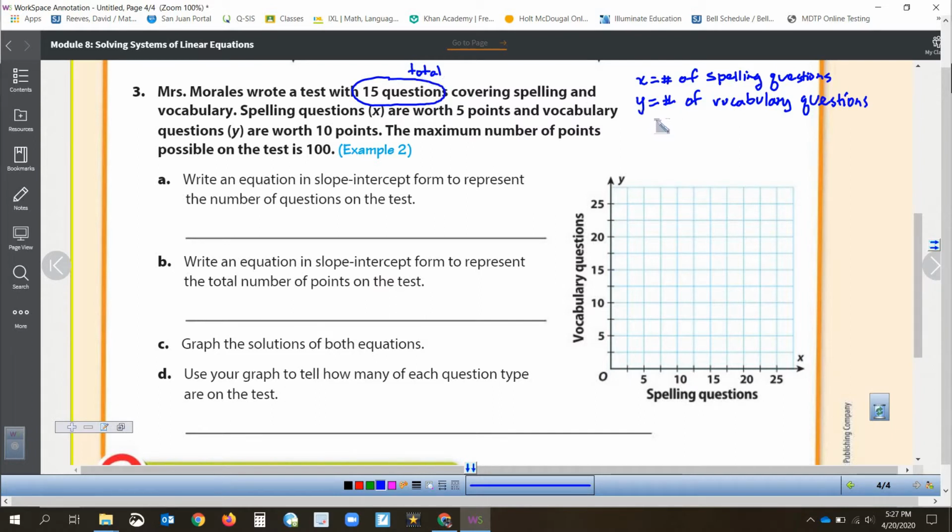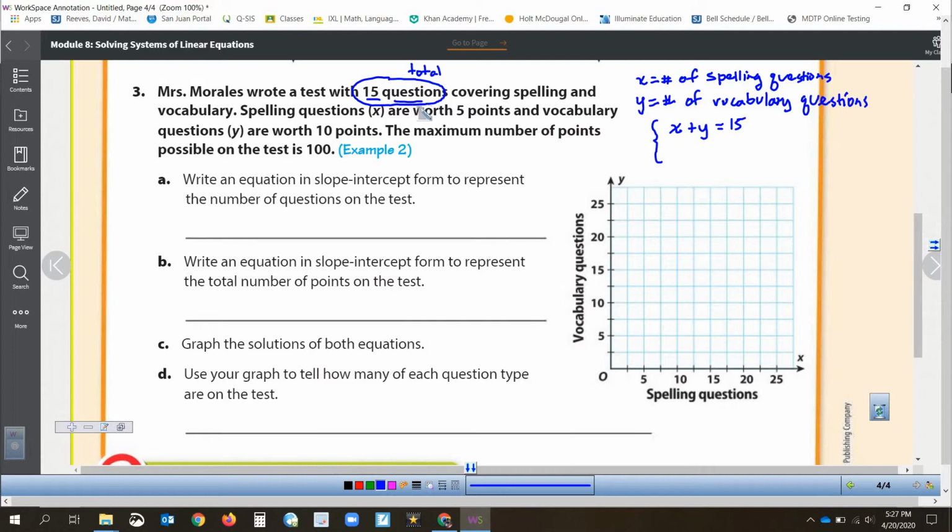So our first equation, we're going to have a system of equations, and our first equation is going to be X for how many spelling questions there are, plus Y for how many vocab questions there are, equals 15. Does that make sense to you? There's 15 questions on this test. Some of them are spelling, some of them are vocabulary, and together it makes 15 questions.